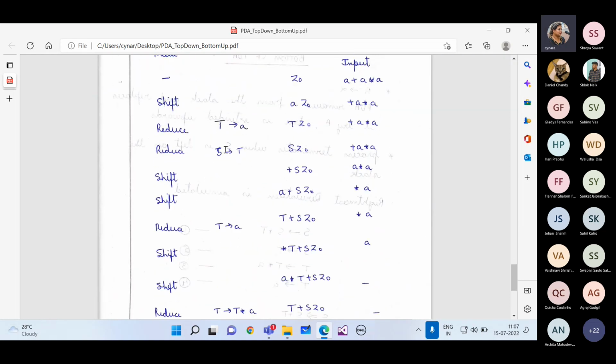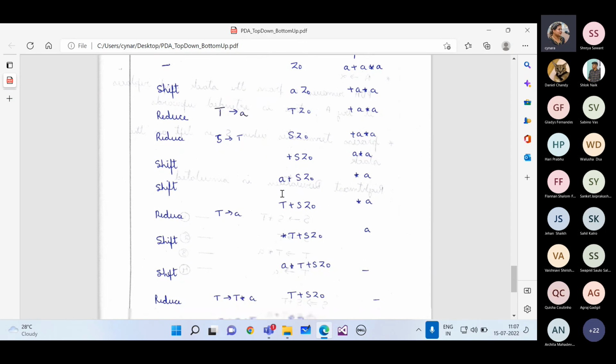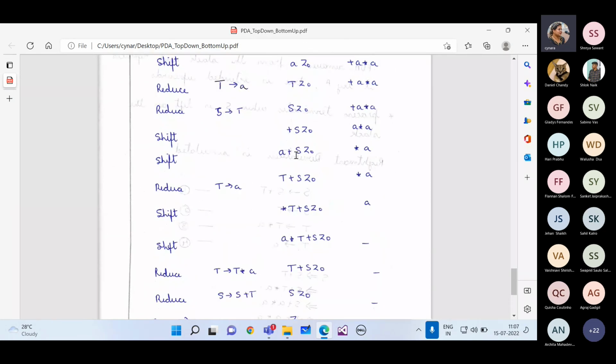So here you write it this way, S giving T. So this T is replaced by S. After replacing it by S, you have to push this plus sign onto the stack, which is called a shift operation. After pushing the plus, you cannot use more productions. So then you also shift A. So I have on the stack A plus S.